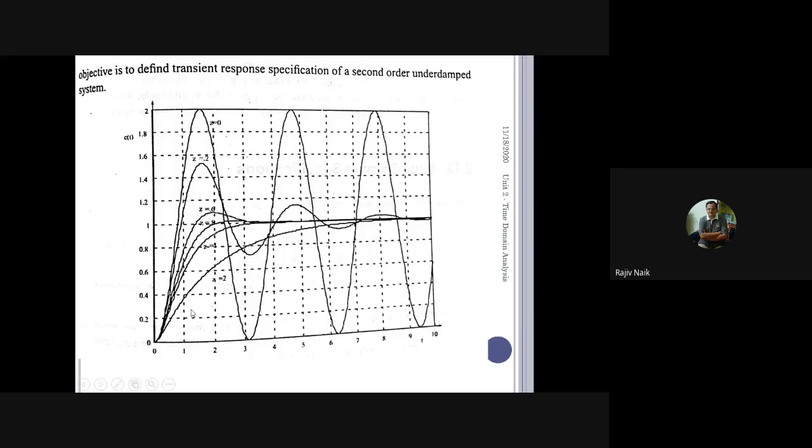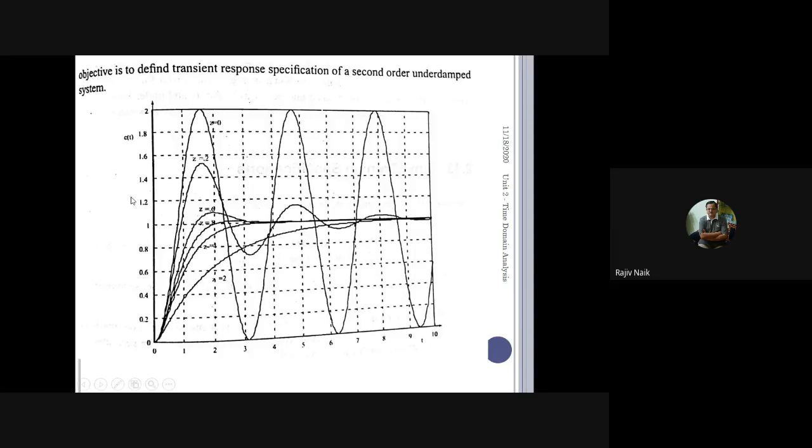And if zeta is further increased, 2, 3, 4, 5, 6, this is a sluggish response. Slowly it will reach equal to input, or 1, and it will never overshoot. It will overshoot only in the case of an underdamped system, that is zeta less than 1. For critically damped and overdamped systems, there is no overshooting.